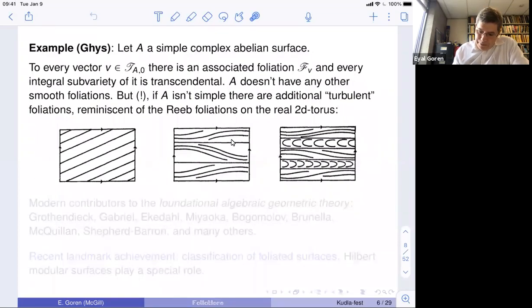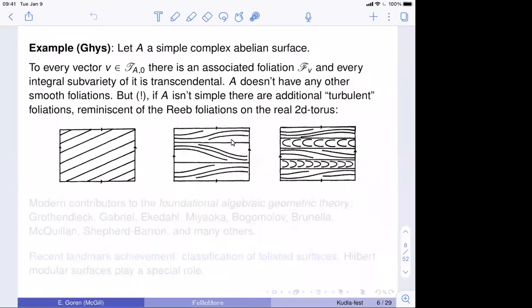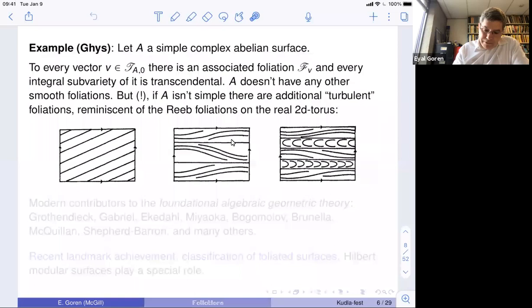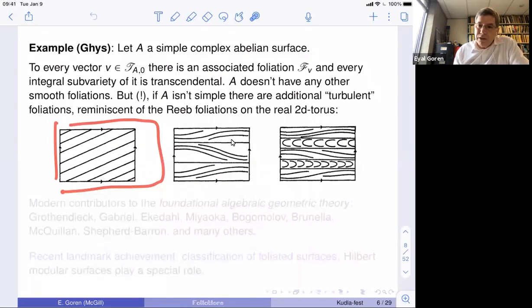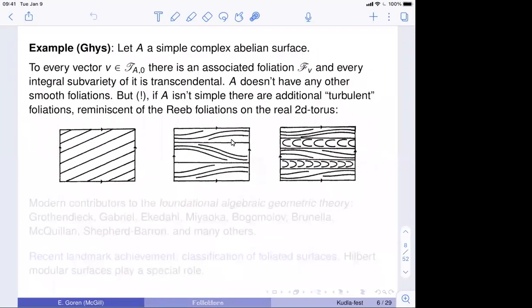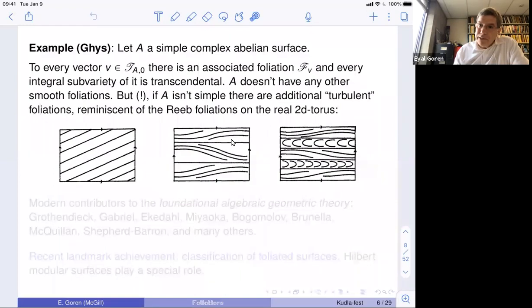Does this example work for higher than two-dimensional? Yes, definitely, this kind of linear foliation works in quite generality, as long as you're over the complex numbers. In characteristic p, we know much less at this point. So for any complex abelian variety of arbitrary dimension, this works? Yeah, definitely.